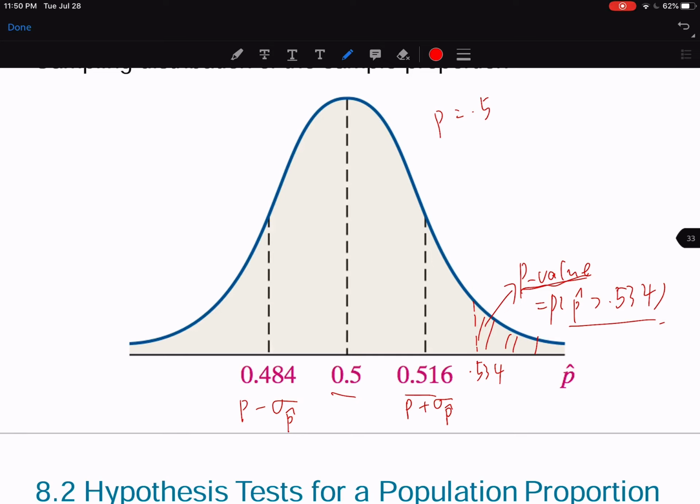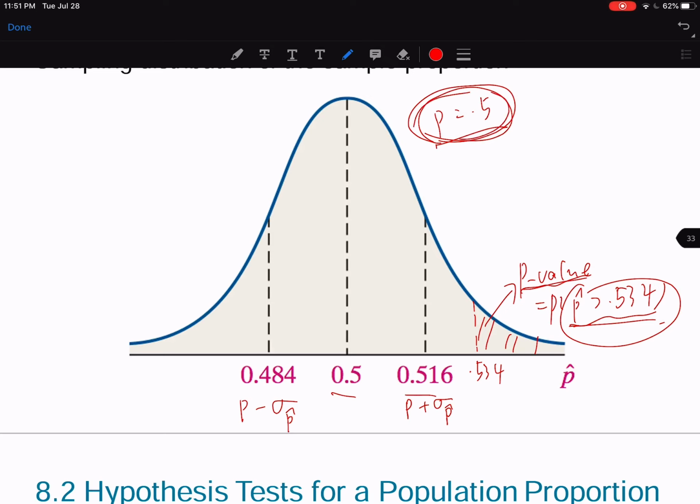So the probability is too low to draw a sample like this from a population like this. If this happens, we're going to reject the null hypothesis because it's pretty much impossible to draw this kind of sample from this kind of population over here.